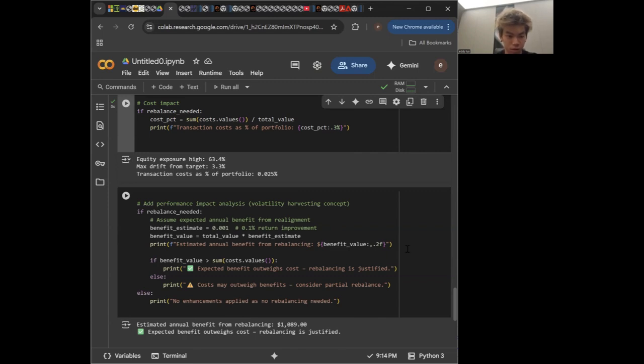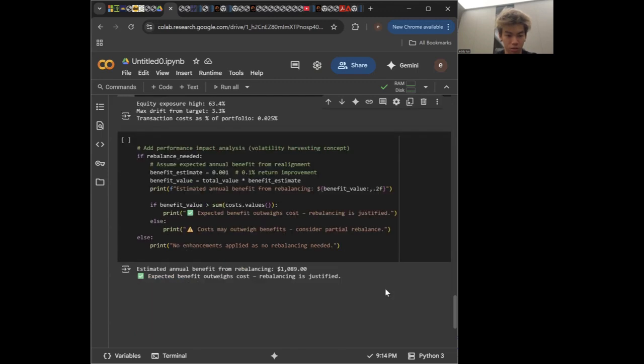This is compared against the cost of rebalancing, which is $273, and it justifies the rebalance, because the benefit is higher than the cost.